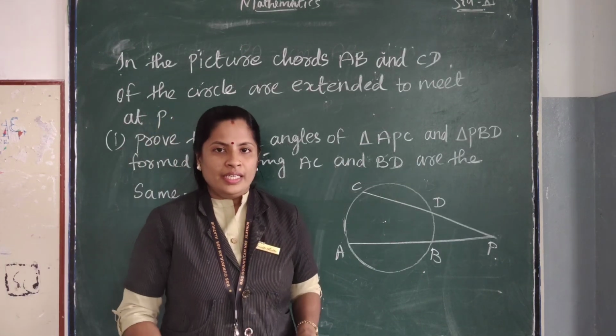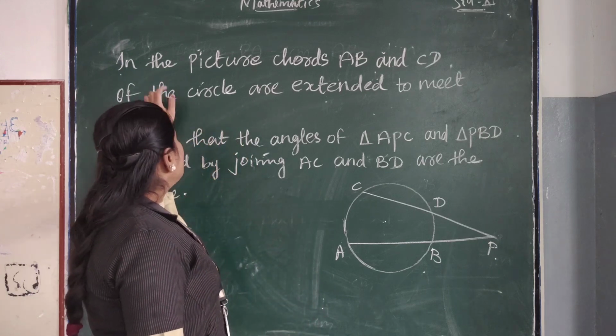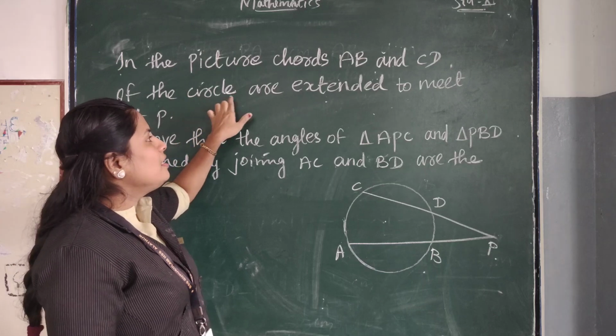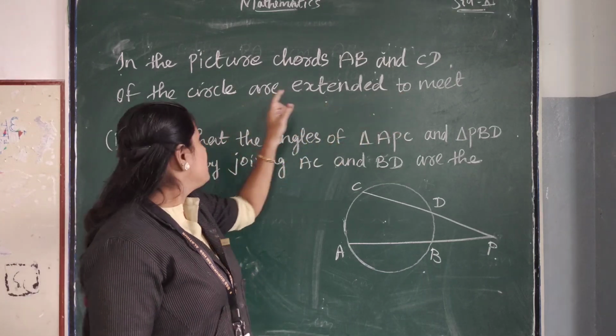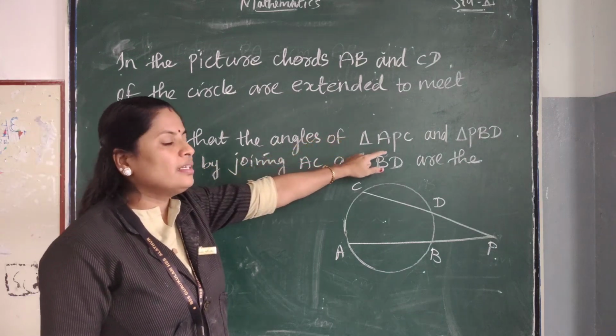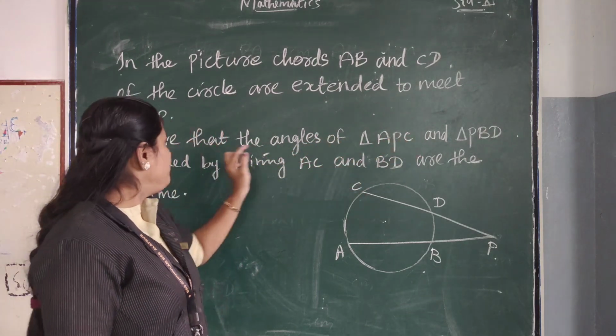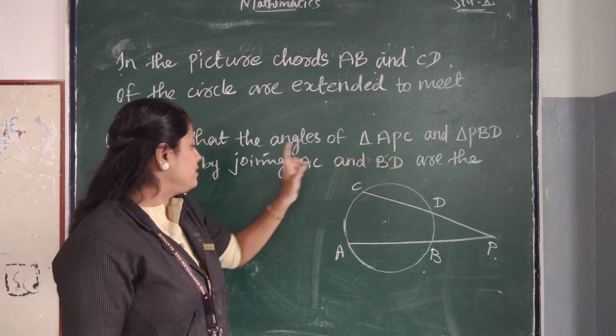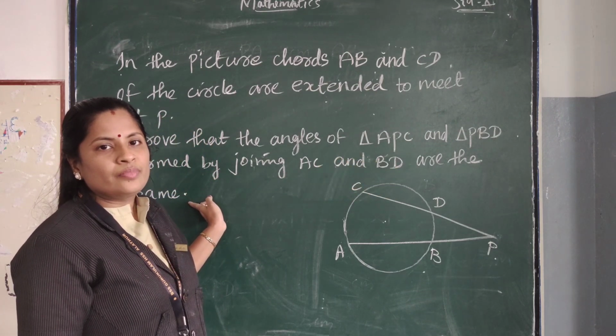Okay. Next one. In the picture, chords AB and CD of the circle are extended to meet at P. Prove that the angles of triangle ABC and triangle PBD formed by joining AC and BD are the same. Okay.